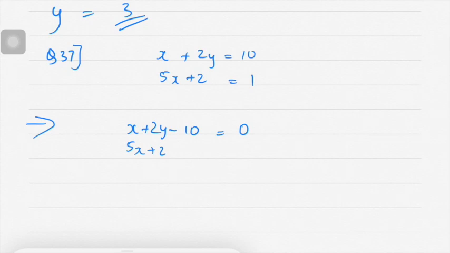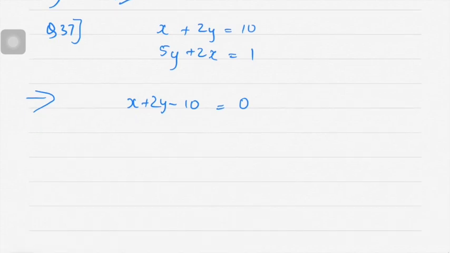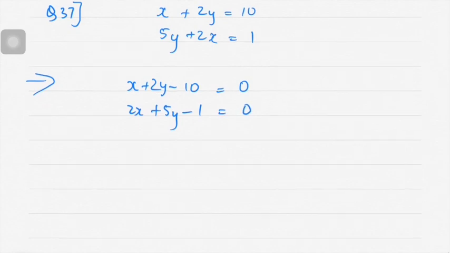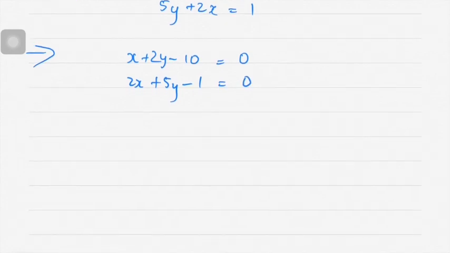Sorry. Wait. It is 5y plus 2x. I'll rewrite it. 5y plus 2x is equal to 1. So I'll write 2x plus 5y minus 1 is equal to 0.